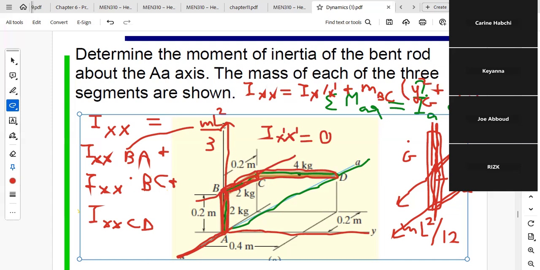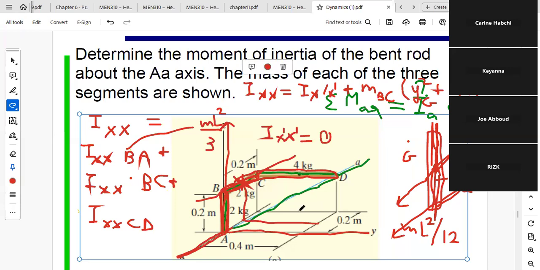So here I need to evaluate the coordinates of the center of mass of BC. This is the center of mass of BC, it's here. If I look at my figure, for this point, what are the coordinates? I need Y and I need Z. So for Y, it's at the middle here.